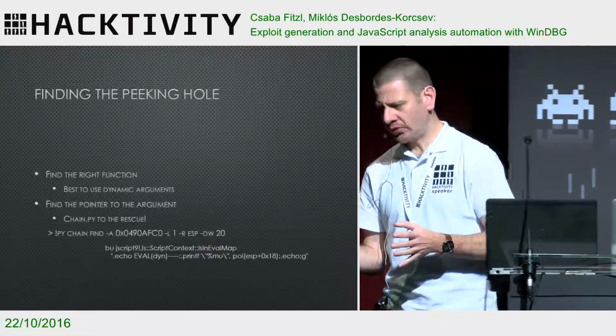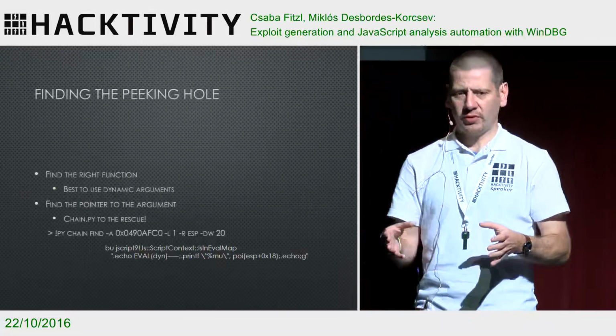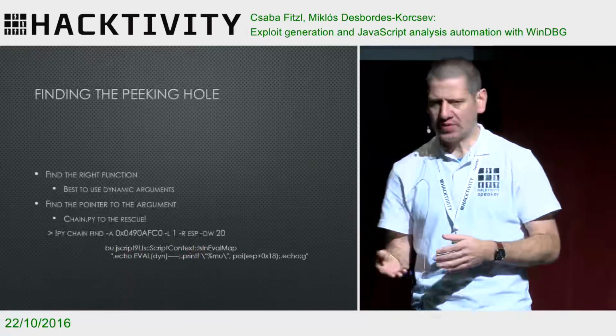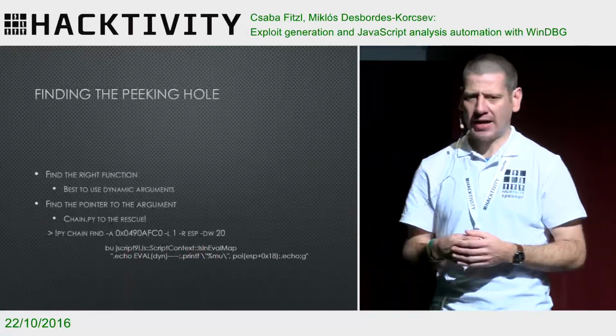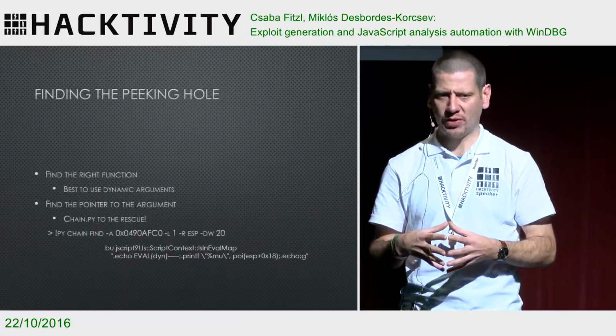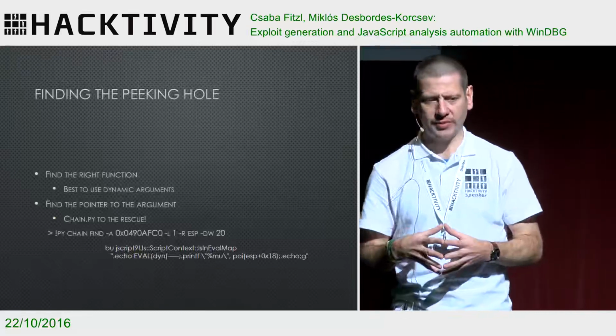Now, after you found the function entry point and set up the breakpoint, you have to understand how the arguments are being passed to it. Unfortunately, for Internet Explorer, although you have the debug symbols, you don't have the private symbols, only the public symbols. So the function arguments are not so simple to figure out.